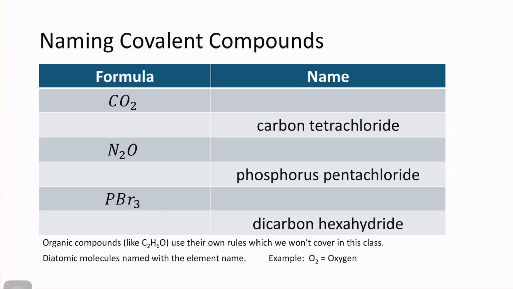Now, when you are naming covalent compounds, you are going to write the first element name, and then you're going to add the second element name.